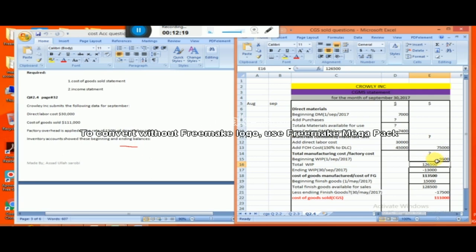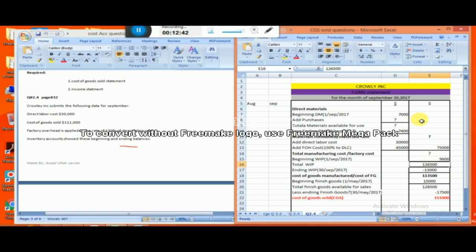From 1,26,500, beginning work in process 9,600. In the normal situation we add, but in the reverse method we will subtract. So 1,26,500 minus 9,600.